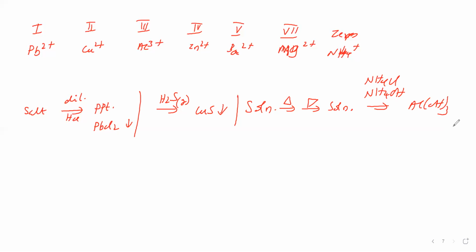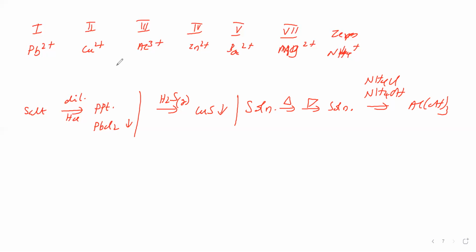Why can't we use ammonium hydroxide in group 1? Group 1 cations will precipitate in ammonium hydroxide, and group 2 cations also will precipitate in ammonium hydroxide. Therefore, we are not using ammonium hydroxide in group 1 and group 2; only in group 3.